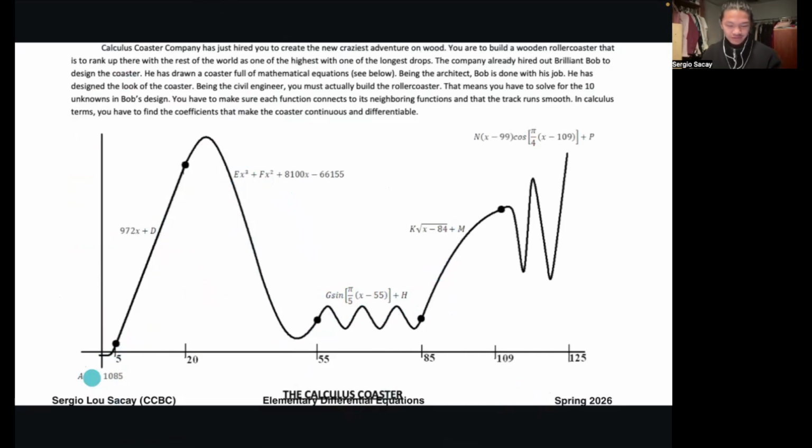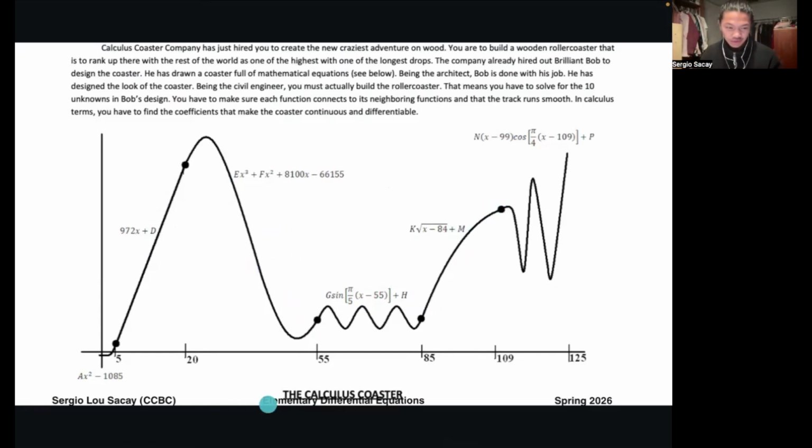We have six equations, and we're going to set up equations for each junction, so five junctions. Since we have to consider the continuity and the differentiability of each junction, we're going to have 10 equations.